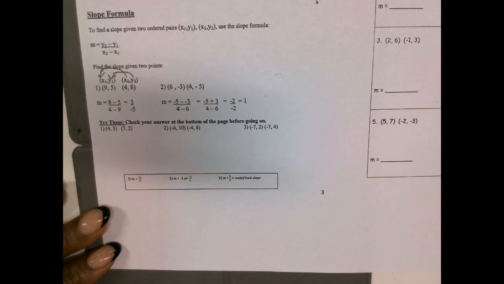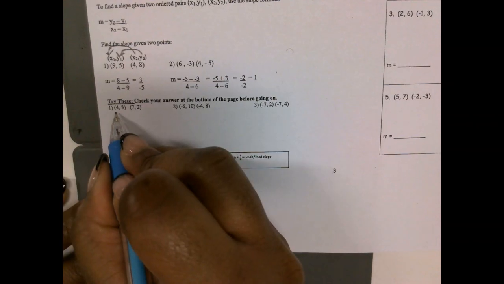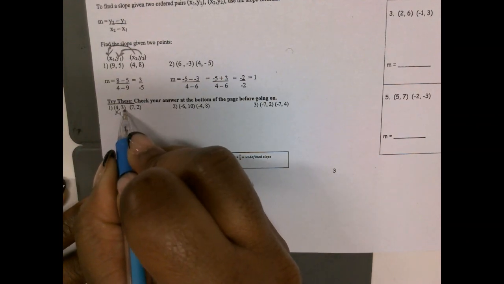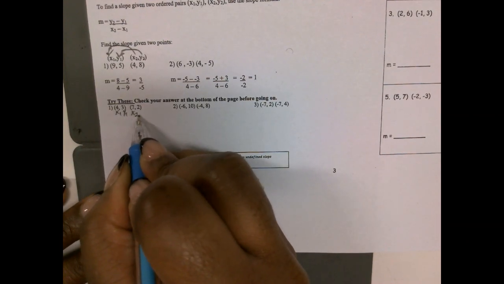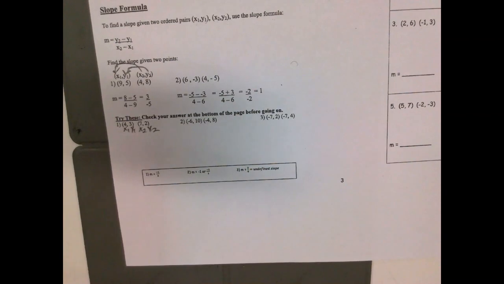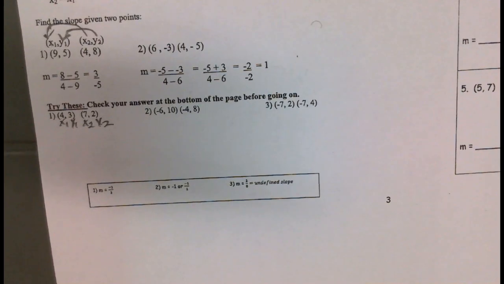The second y minus the first y. The second x minus the first x. Okay, let's do this. X1, Y1, X2, Y2. Any questions about how to label?